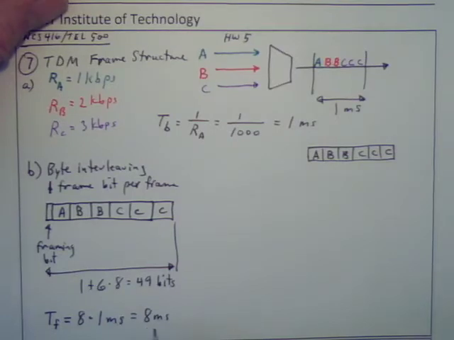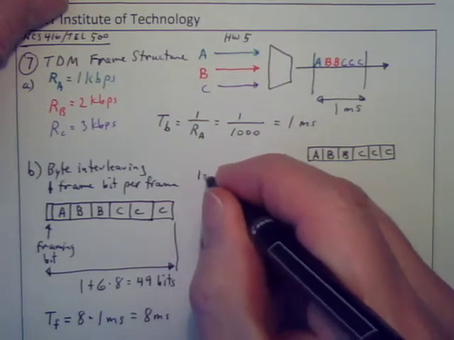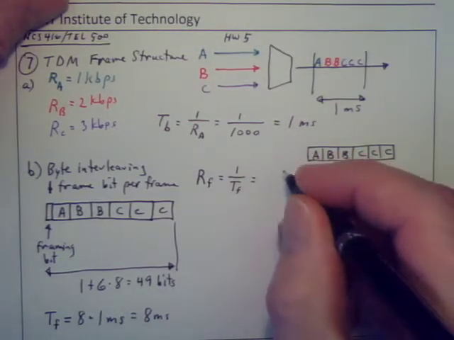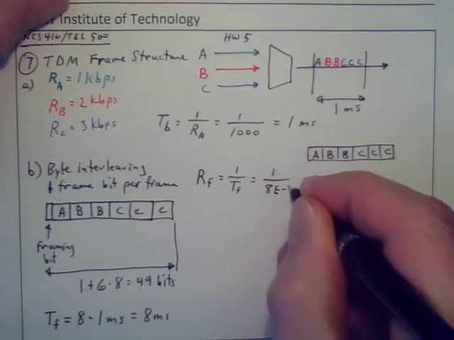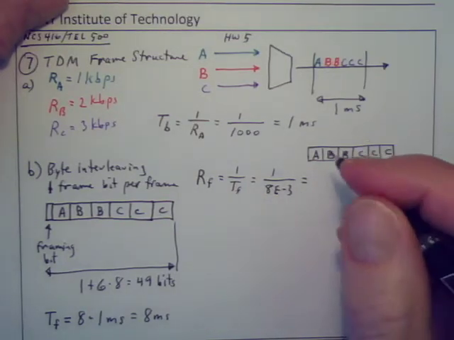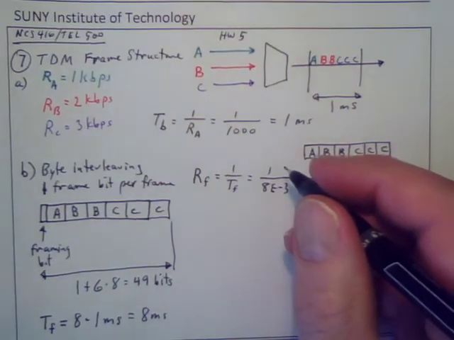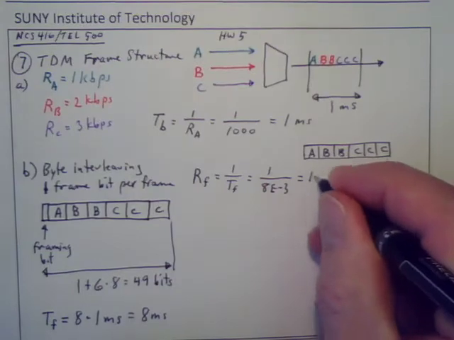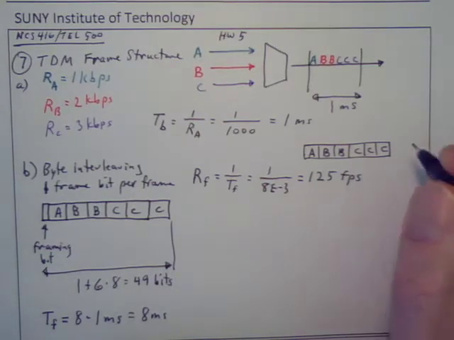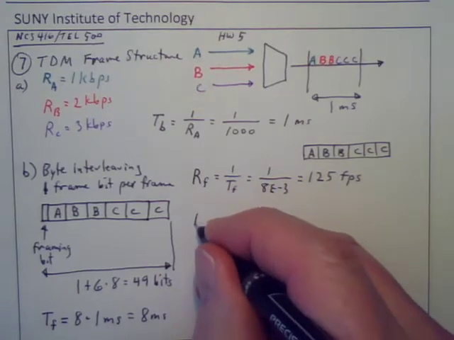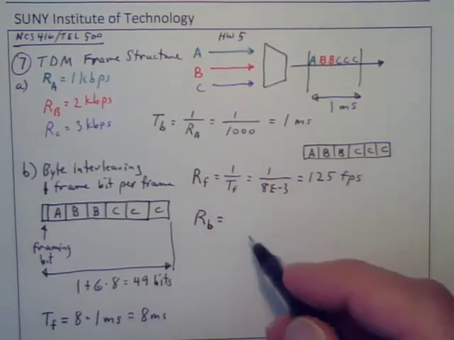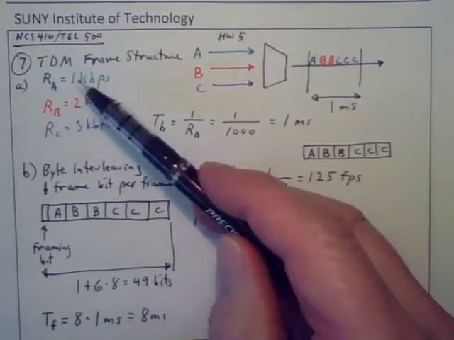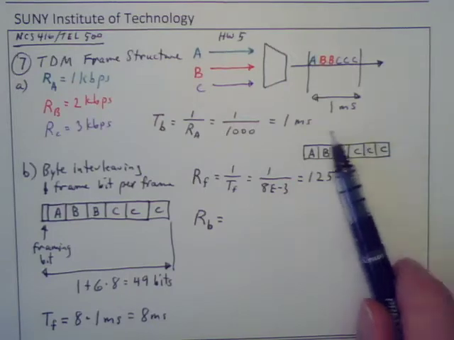If this is the time for one frame, then the frame rate, R frame, is 1 over 8 times 10 to the minus 3, which comes out to 125 frames per second. The bit rate of the multiplexed signal, with no overhead, would be 6 kilobits per second.